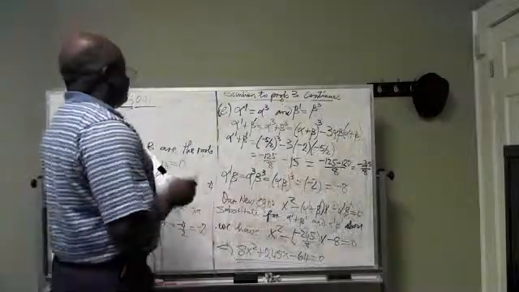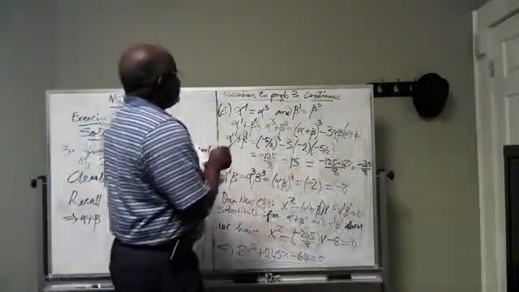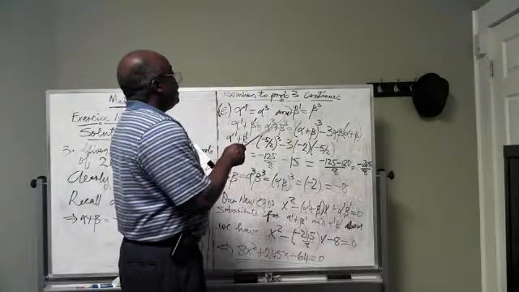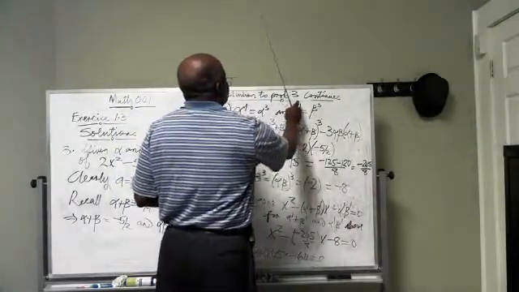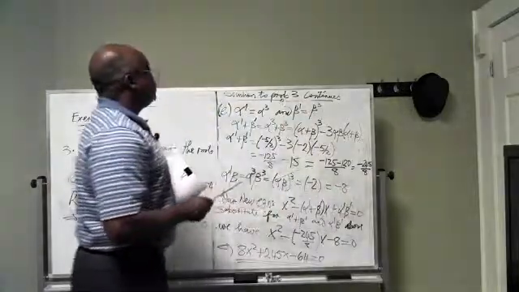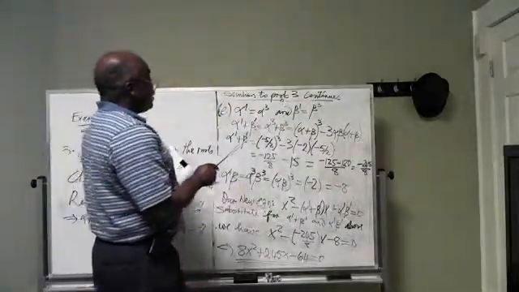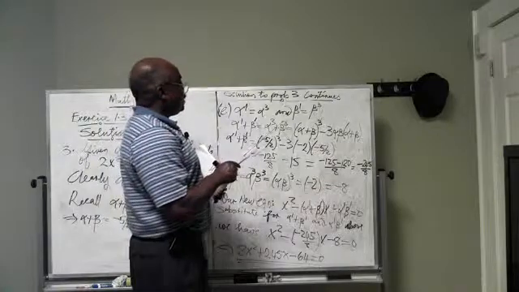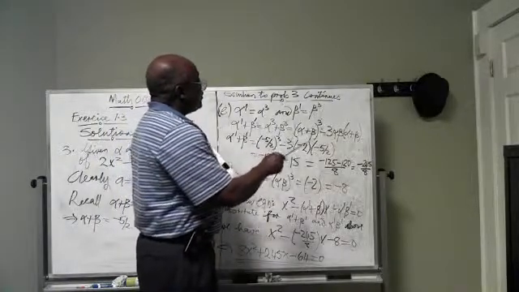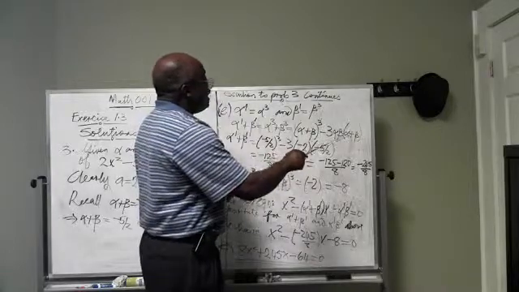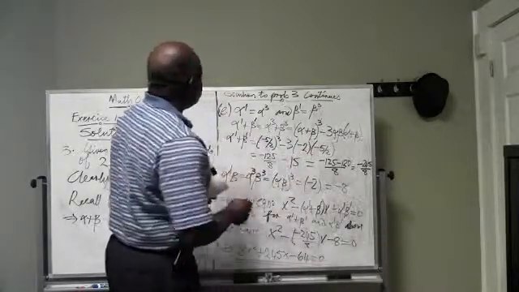Now, it is given that alpha prime equals alpha cubed and beta prime equals beta cubed. So alpha prime plus beta prime will be equal to alpha cubed plus beta cubed, which is equal to (alpha plus beta) all cubed minus 3 alpha beta into (alpha plus beta).